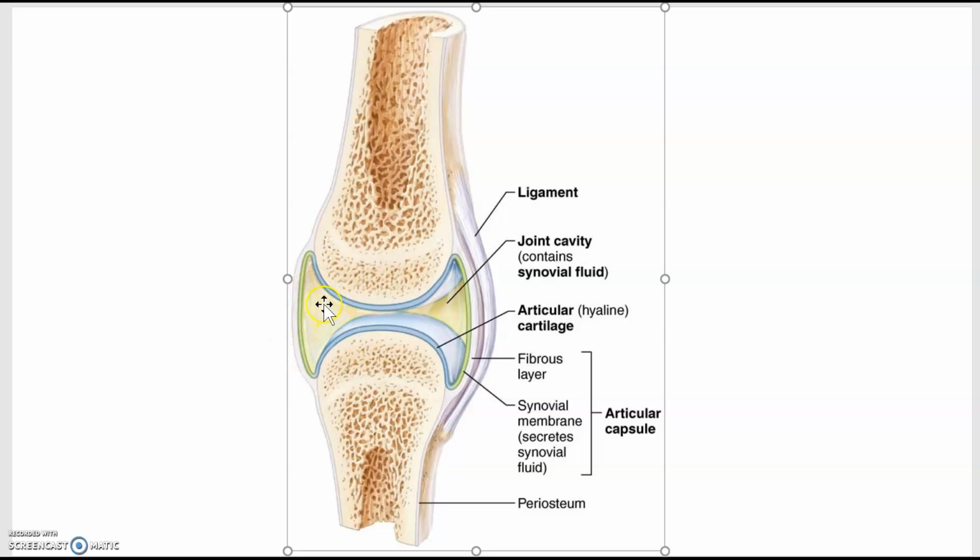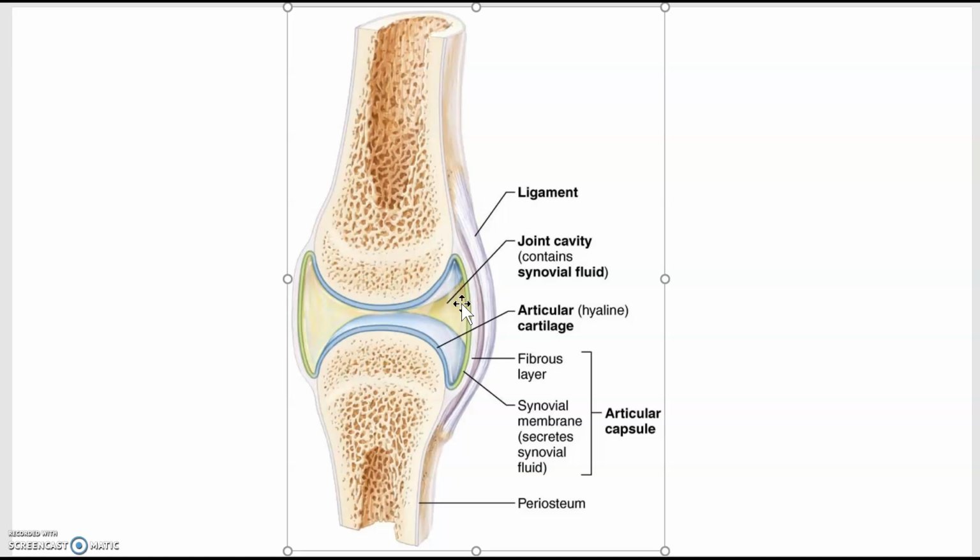It's kind of oily, a lubricating secretion, kind of like putting oil on a ball bearing. And so you have this nice, smooth, gliding movement over these hyaline cartilage pads. The ends of all of your articulating bones are covered with this hyaline cartilage, also known as articular cartilage. So you have this nice smooth cartilage, this nice oily synovial fluid, so you have these nice smooth movements in your joints until you get old.